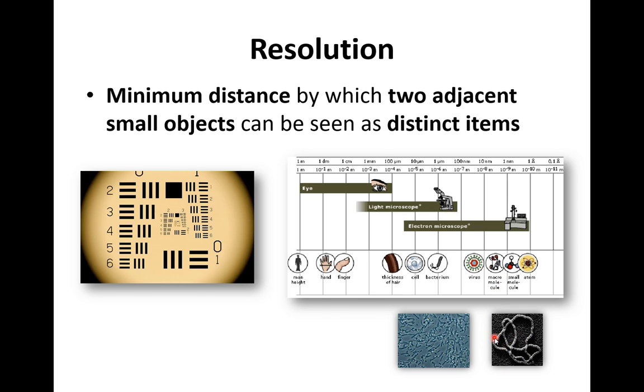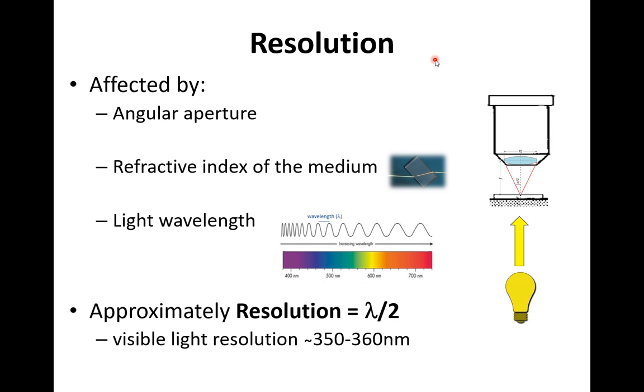Now, the resolution of a microscope is dependent on different factors. It's a complex thing. However, there are a few things. So one is the angular aperture of a lens. By angular aperture, you mean half of the angle through which the light enters the lens, the objective lens in this example.